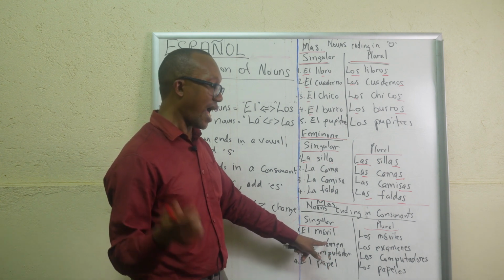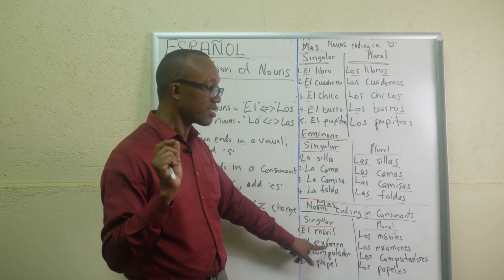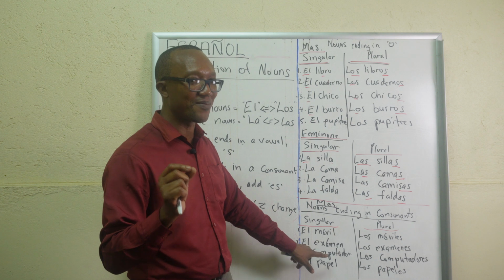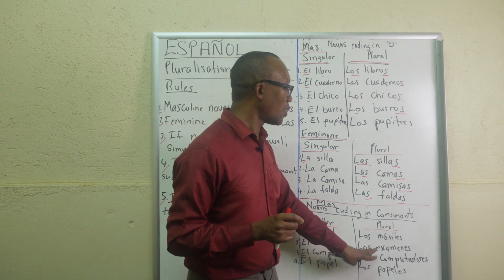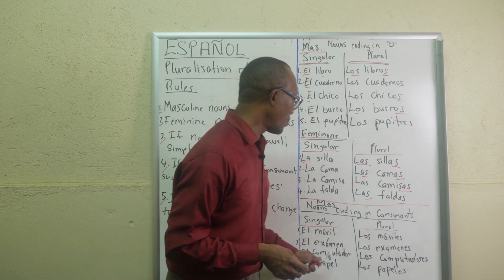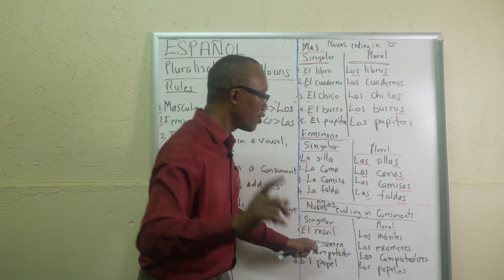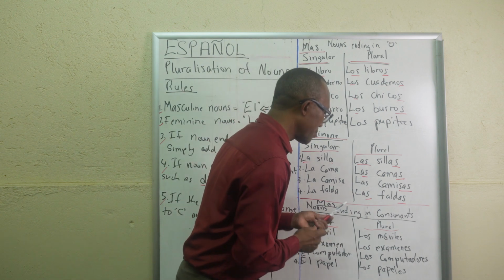El examen, your exam. And the accent is on the A. But remember the X must sound like the S. Examen, so don't say exam. Examen. Then los exámenes. So el examen, no accent on the A. But for the plural form, it becomes exámenes with an accent.